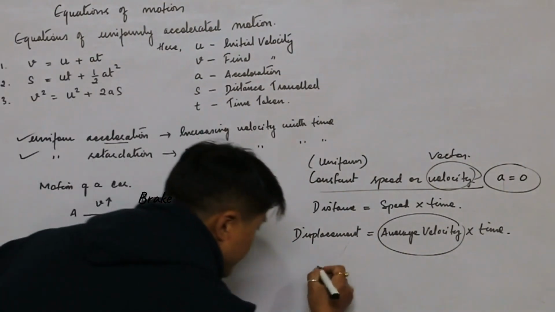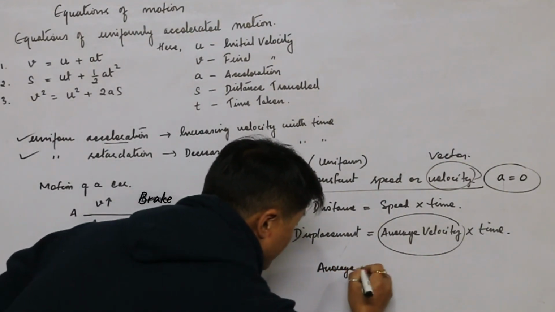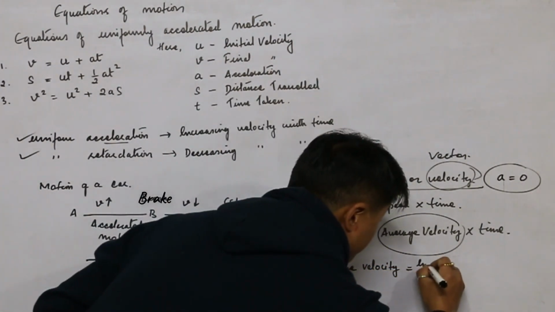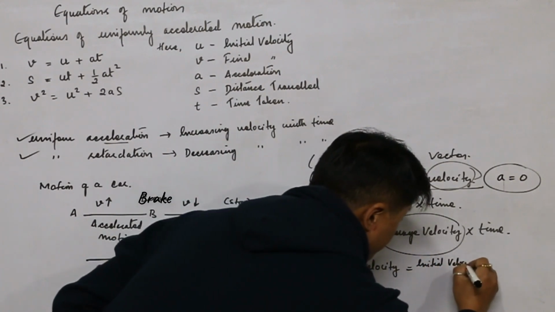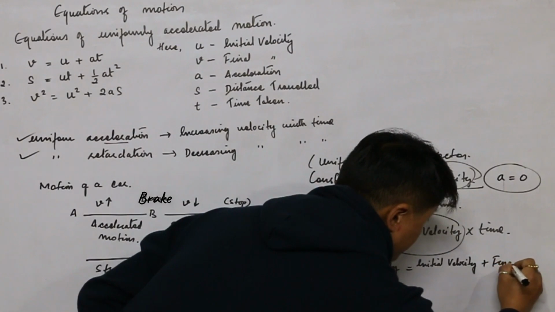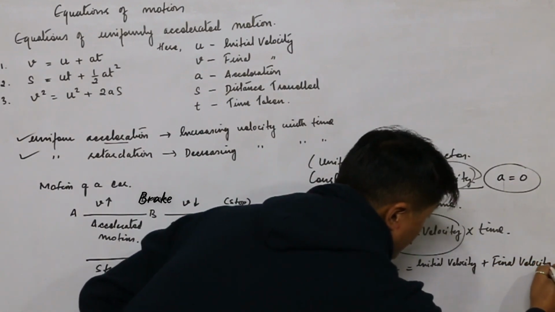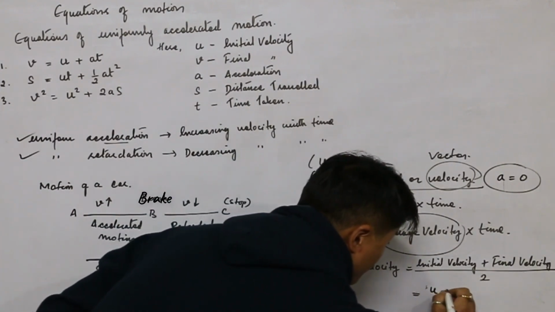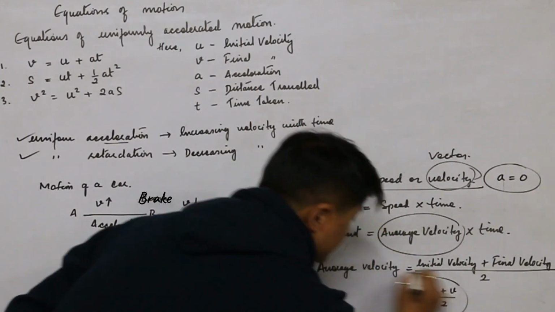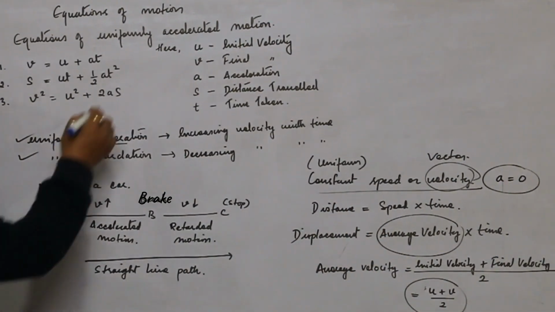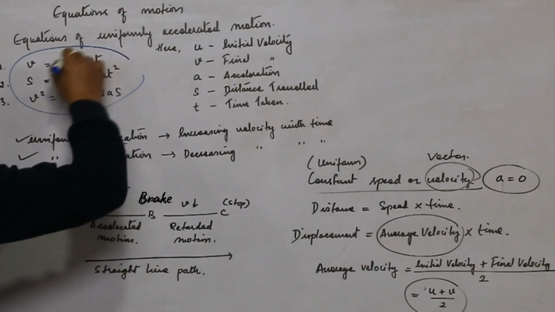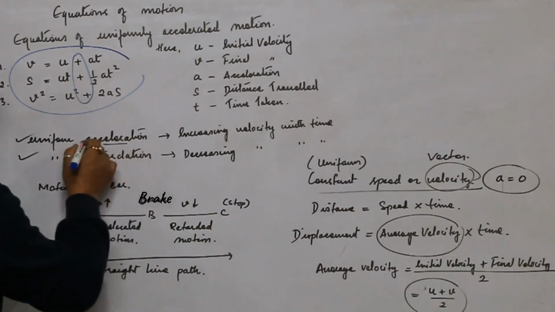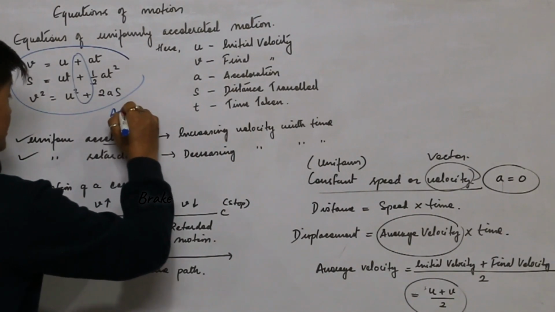We have already done it, but still I am writing: average velocity is equal to initial velocity plus final velocity divided by 2, or simply we can write (u + v)/2. This is your average velocity. So these three formulas wherein you can see the plus, we use these formulas for the uniform acceleration. Okay, when the body is moving with uniform acceleration, this is your acceleration.